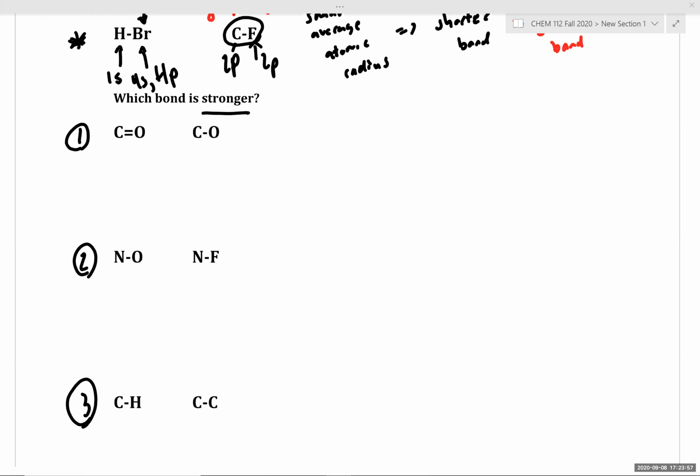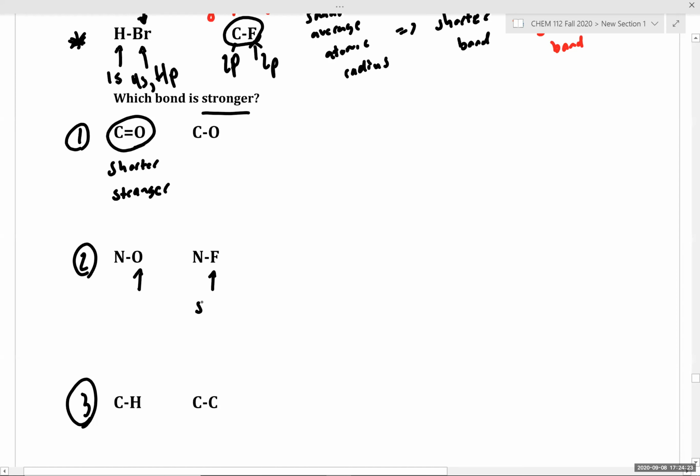So let's discuss. In the first example, we have overwhelming consensus that this double bond is shorter and stronger. In the second example, if we compare oxygen to fluorine, which atom is smaller and more electronegative?